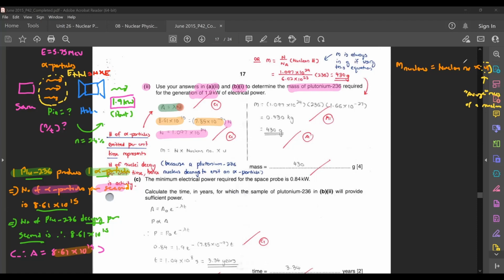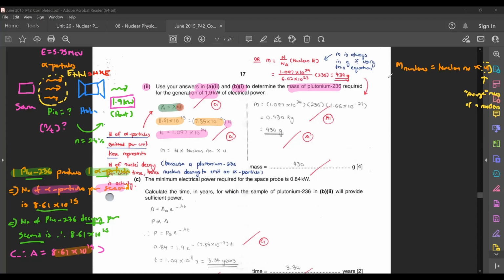Nucleon number gives you the number of nucleons inside a nucleus. You multiply with the average mass of a nucleon, you will get the mass of the nucleus itself. Let me just write this properly.